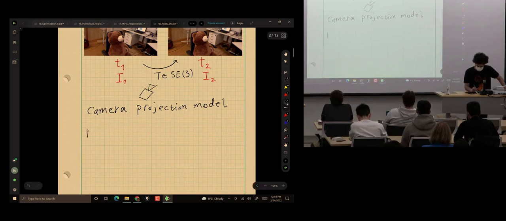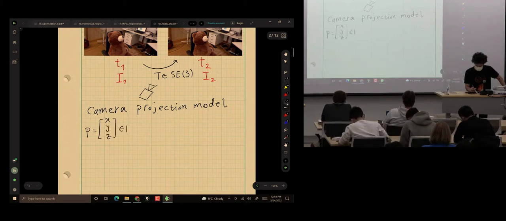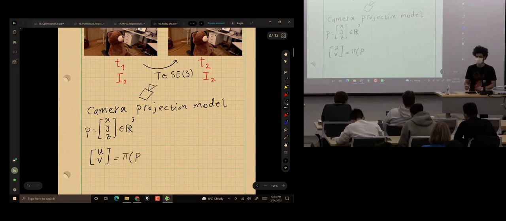So the model tells us that if I have a point such as P, X, Y, Z, this is a point in 3D space, I can project this point to pixels. U and V are pixels.